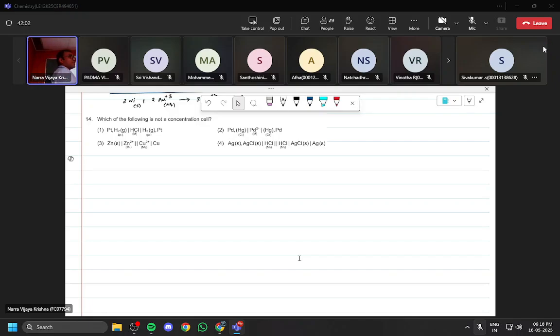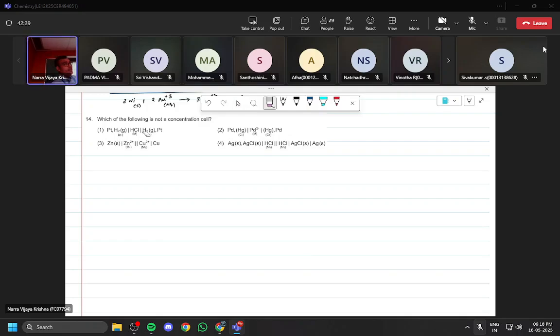Electrolytic concentration cell means we are changing the concentration of anodic as well as cathodic electrolyte. Now, what about option 3? And one more thing, in an electrode as well as electrolyte concentration cell, both sides we will take same cell, only I will change concentration.